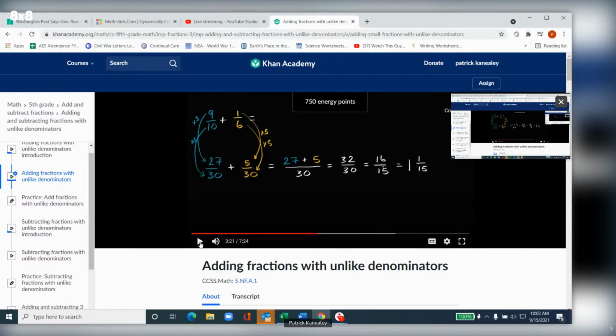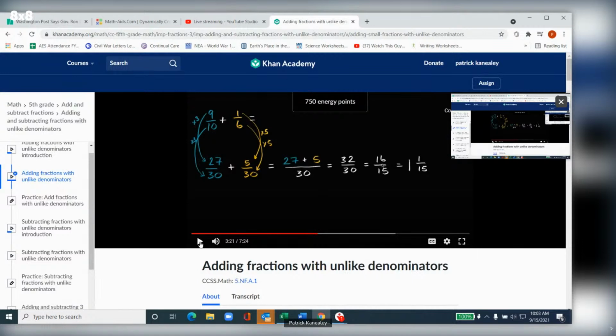So when you get unlike denominators, in this case a 10 and a 6, look at the smaller one of the two, which in this case is the 6. What will it go into evenly with the other denominator, the larger one? Like I mentioned, if you do 6 times 10, it's going to be 60. Both those numbers go into 60.